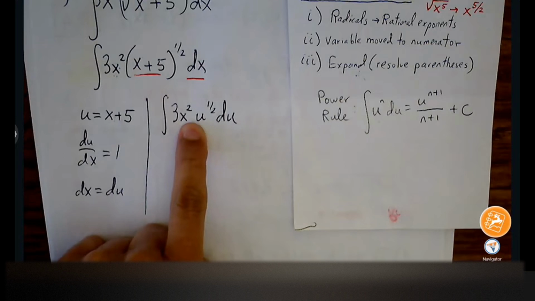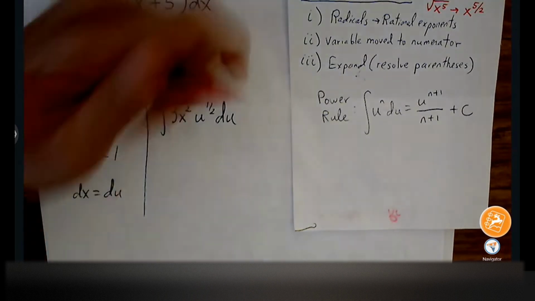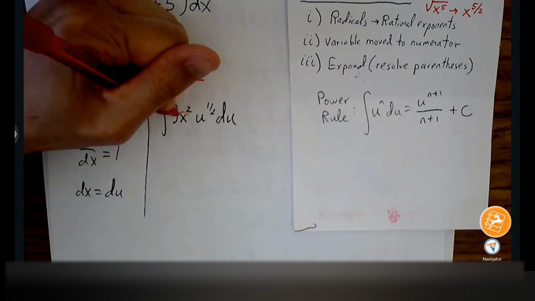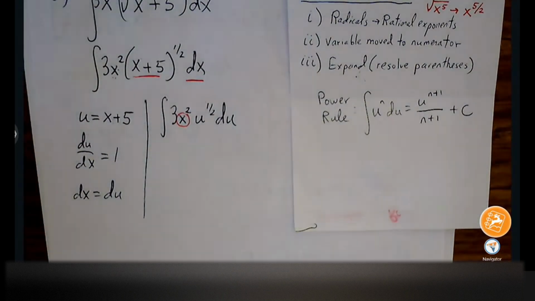When things are multiplied, they're kind of stuck. We can't split up, we can't pick and choose different rules when things are being multiplied. So this is our issue. The x has to find a way to be replaced. Do you see a way that we can get that x to be replaced with something equivalent?